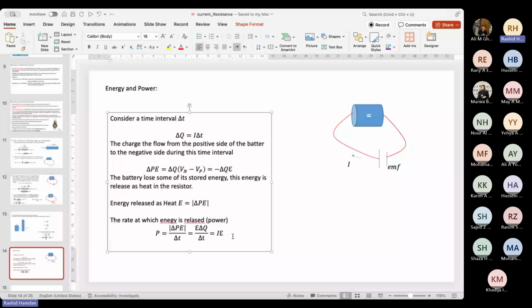So this is the energy released from the battery.